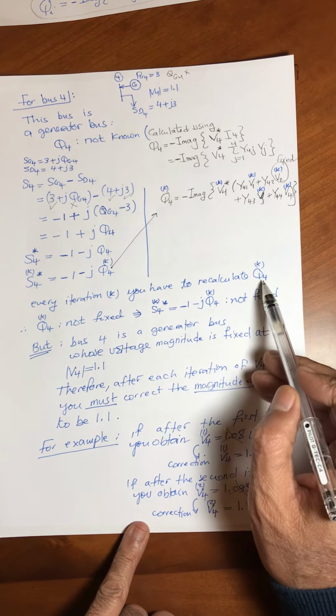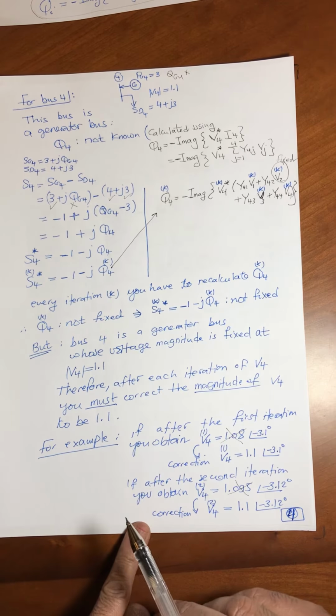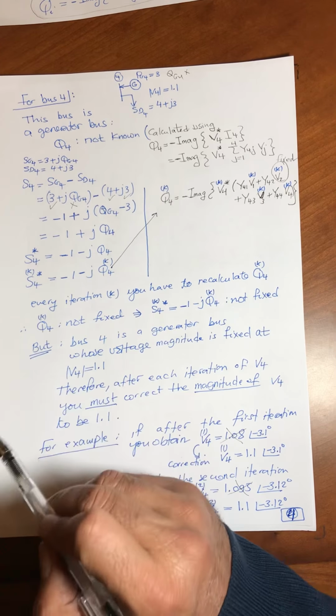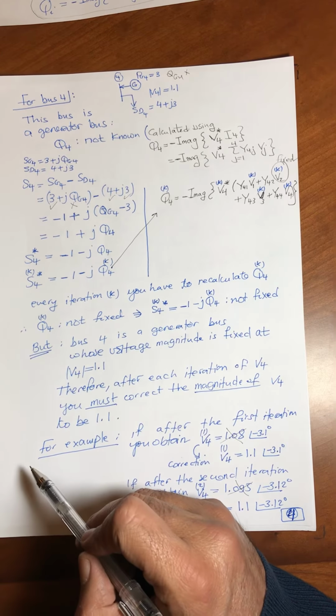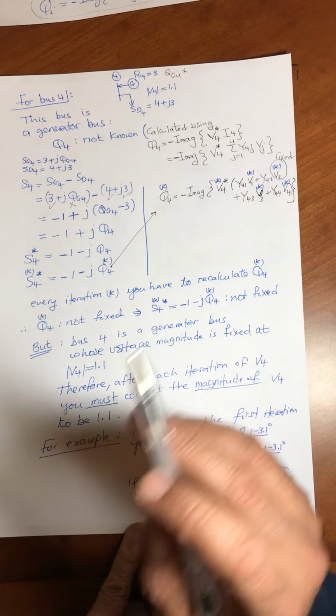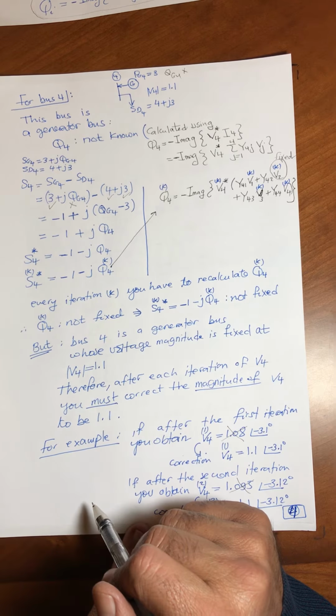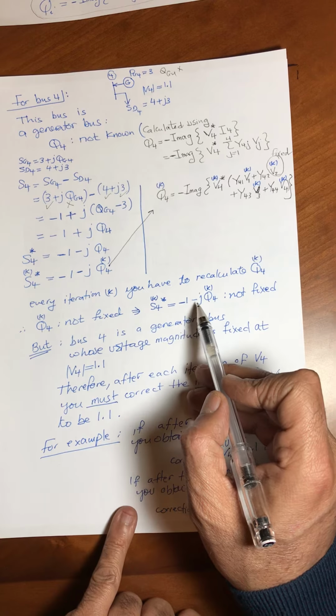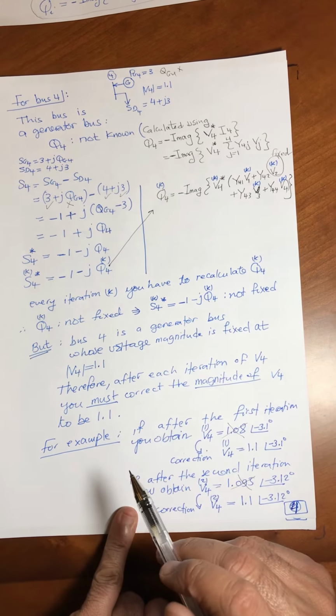This is bus 4, Q4 of iteration K. So Q4 of K is not fixed. Therefore, S4 conjugate of K is not known. Minus 1 minus JQ4 not fixed.